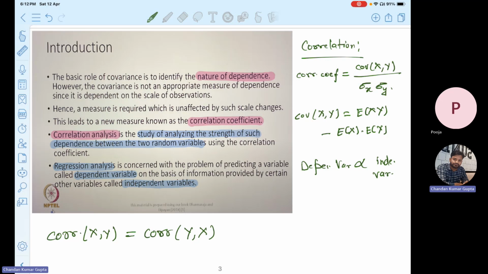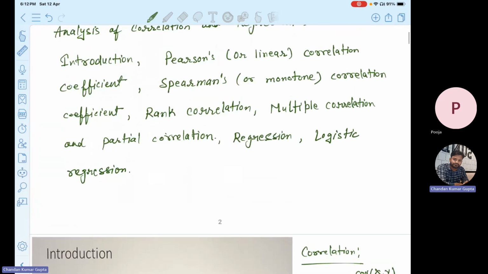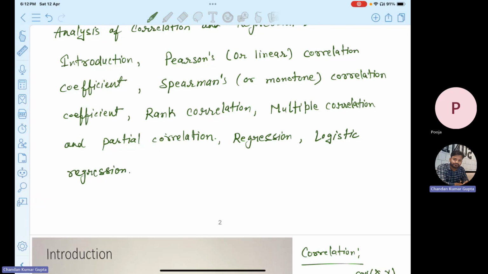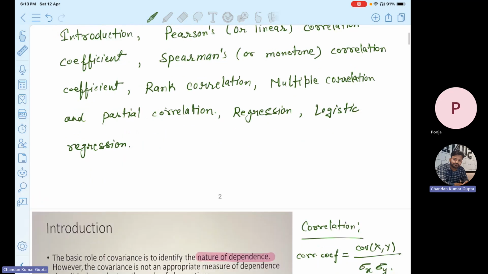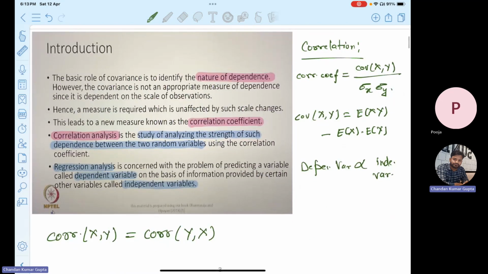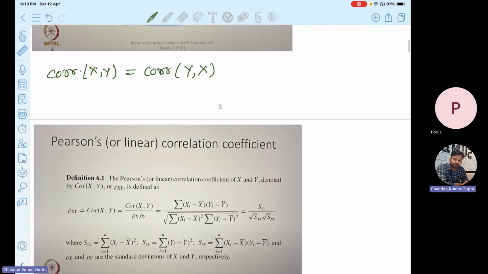The correlation coefficient gives the strength of linear association between the variables, but it may not only be linear; it may be non-linear or monotone in nature, like Spearman's correlation coefficient, which gives the association between the variables.